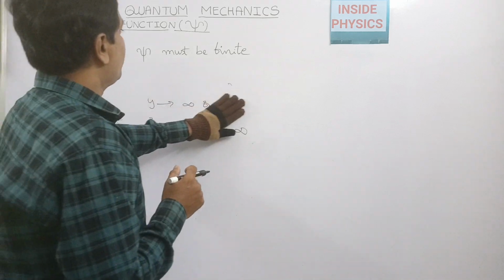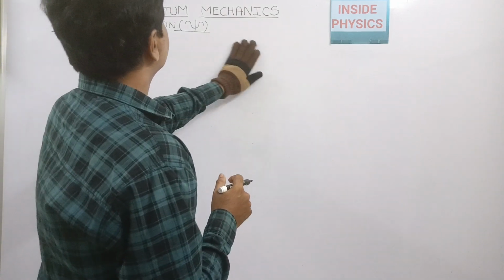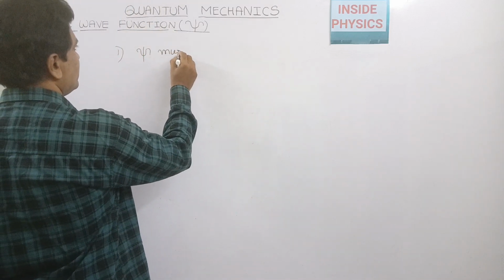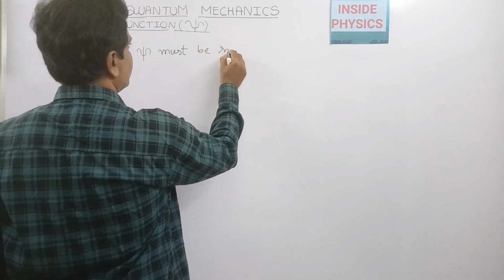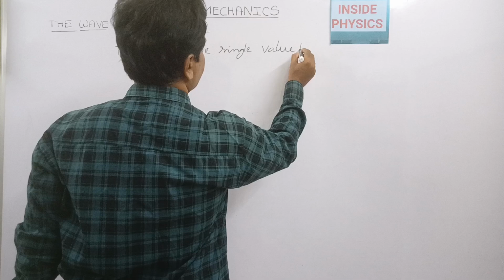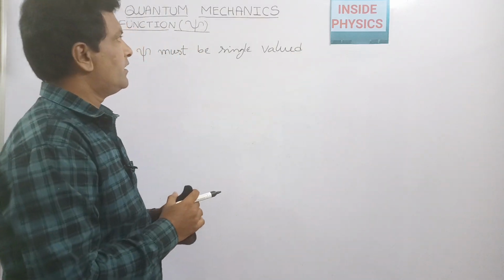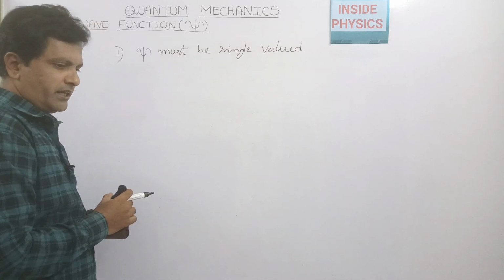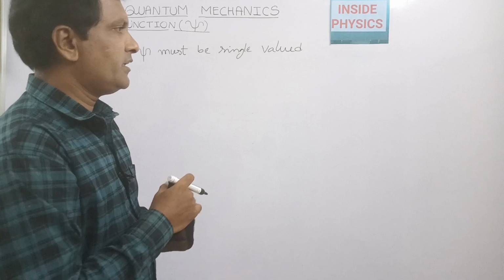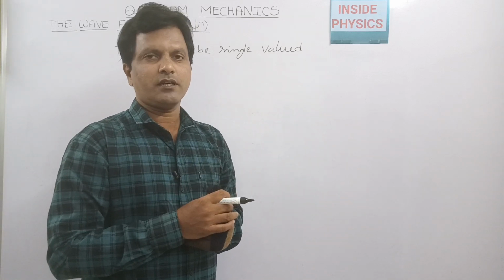The next one: psi must be single valued. That means if at a particular position it has two values, the probability of finding the particle at that point has two values, which is absurd.